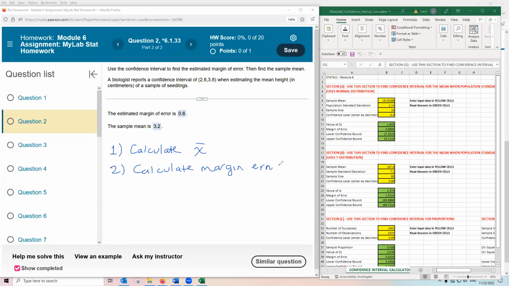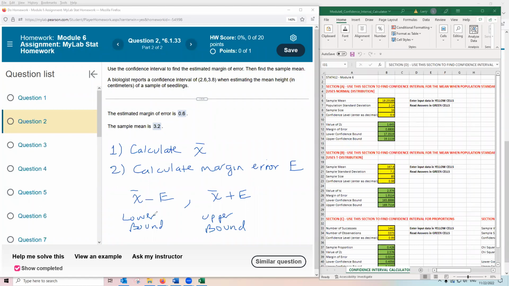Actually, we're going to let the Excel spreadsheet do that for us, E. And then when you want to form the confidence interval, let me write X bar minus E to start with. X bar minus E, this is the lower bound. And X bar plus E, this is the upper bound of the confidence interval. All right, so when you find a confidence interval, you're really finding 2 numbers, a lower number and an upper number.